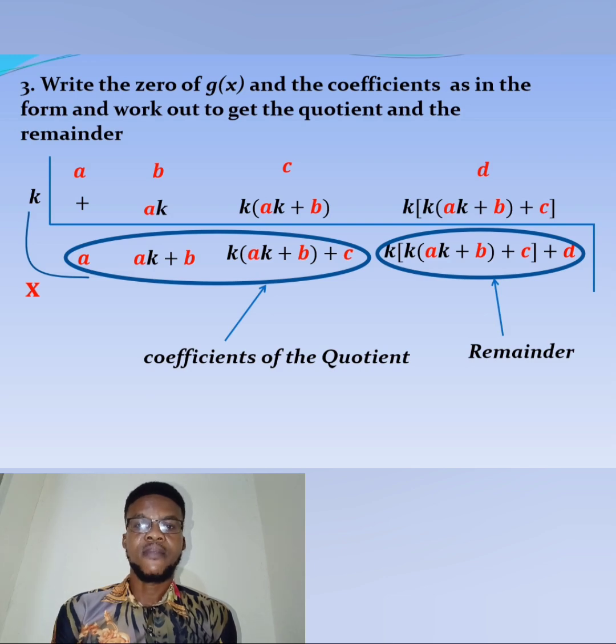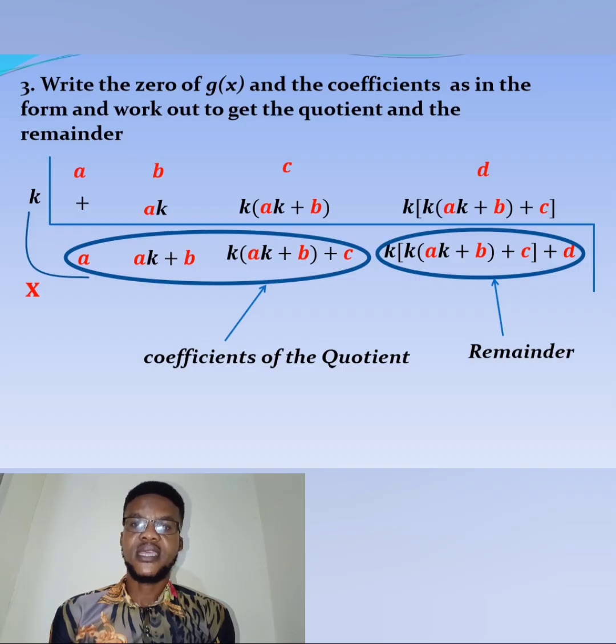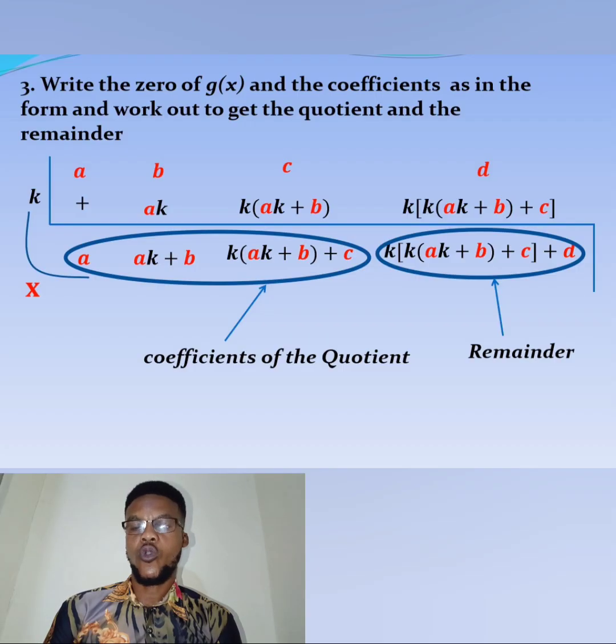Now you see in the coefficients there, the last one, which is k multiplying ak plus b plus c, becomes the constant. Then you move to the next one, which is ak plus b, and that takes the x, the linear part.